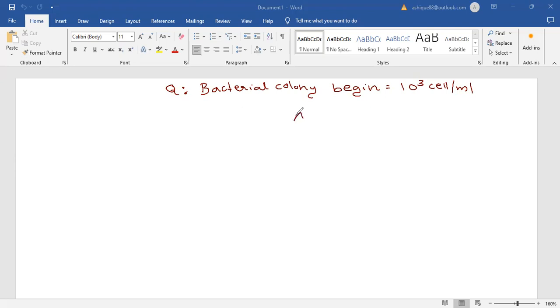After 30 minutes are over, the number of cells is 4 into 10 raised to 3 cells. So the question is, in which generation does that colony show 4 into 10 raised to 3 cells? At the 0th time, there were 10 raised to 3 cells.